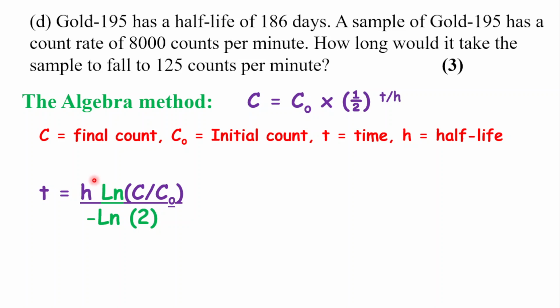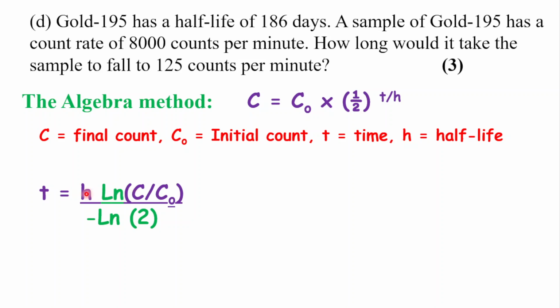Based on the algebraic function, T equals H times ln. So ln is the natural log. You can look at the calculator and see ln, which means natural log. You have a log button, which is different from ln. ln is the natural log.